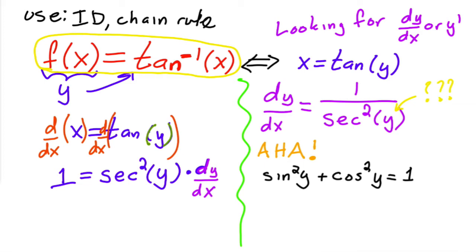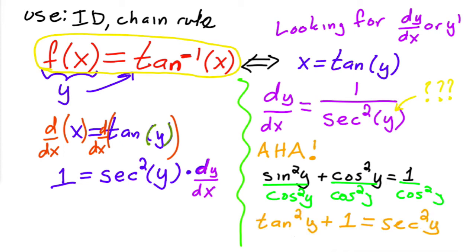From this, if you divide everything by cosine squared, you get the identity that you need, which is tangent squared y plus 1 equals secant squared y.